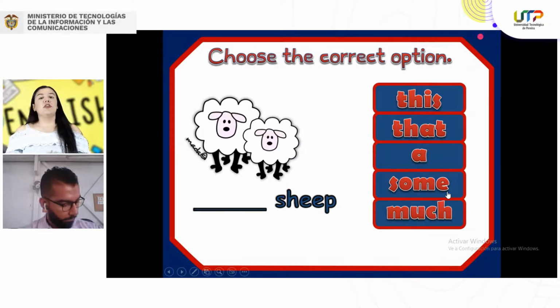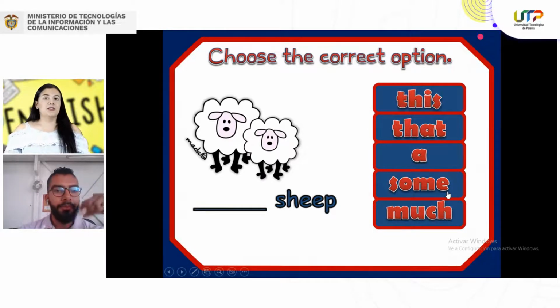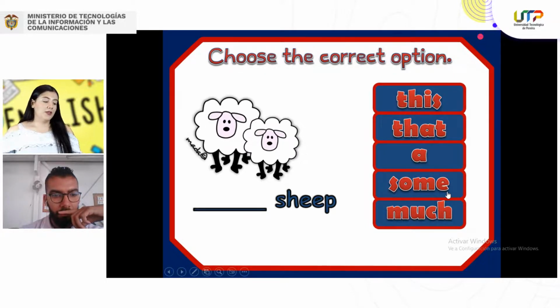So what do you think is the correct option in this case? This, that, a, some, or much? What is the correct answer for sheep? Remember that there are 2 in this case, okay? What do you guys think?